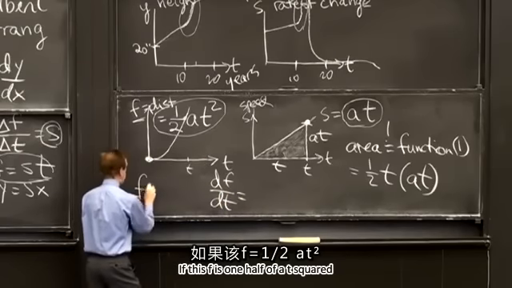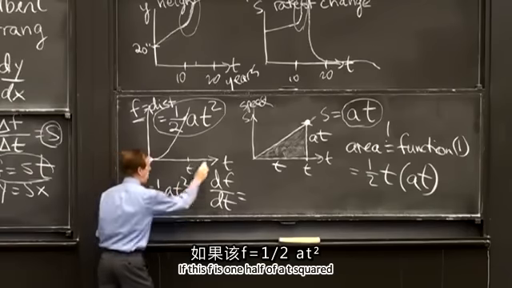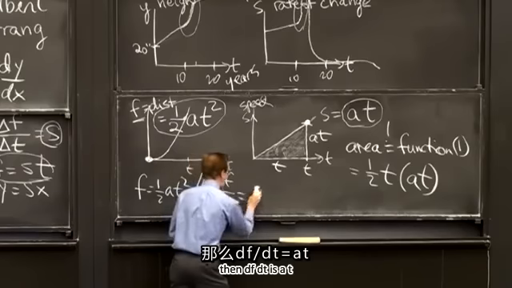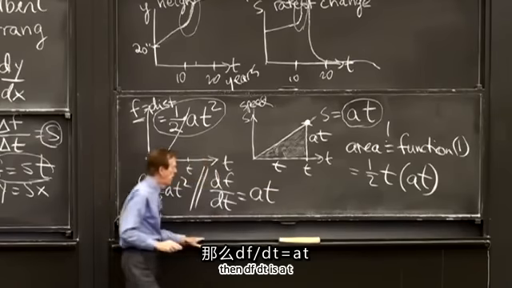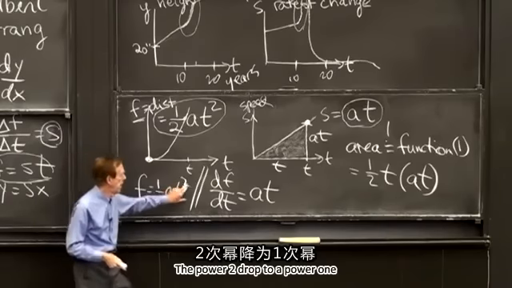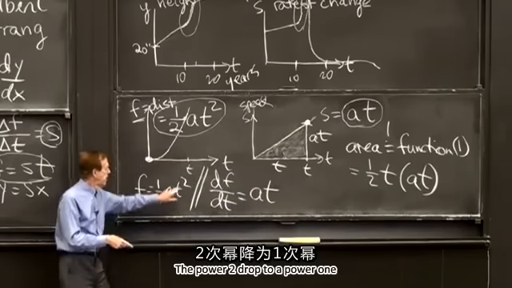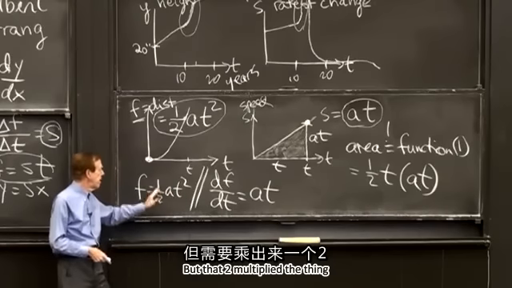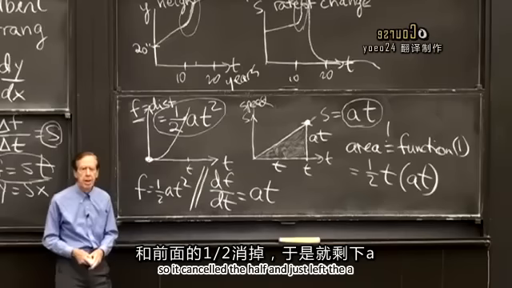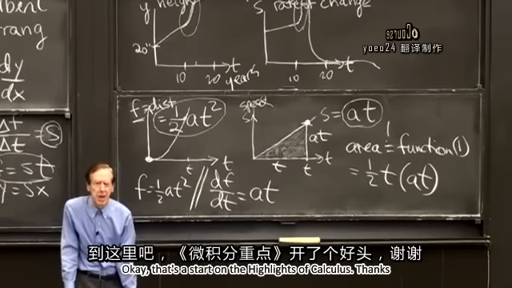If f is 1/2 of a t squared, then df dt is at. You'll see this rule again. The power 2 dropped to a power 1, but that 2 multiplied the thing, so it canceled the half and just left the a. Okay, that's a start on the highlights of calculus.